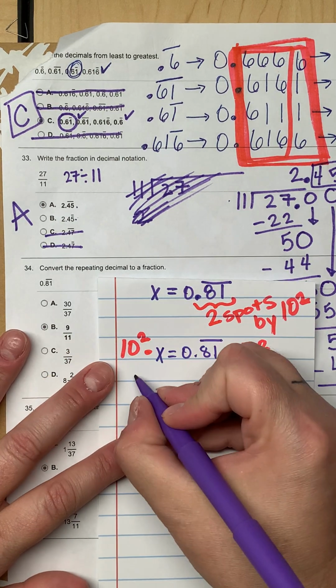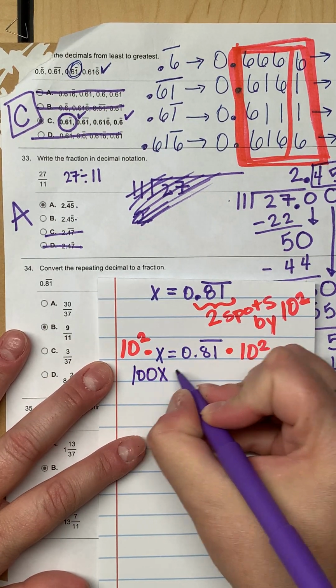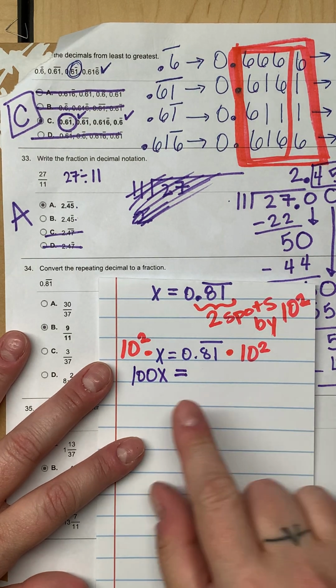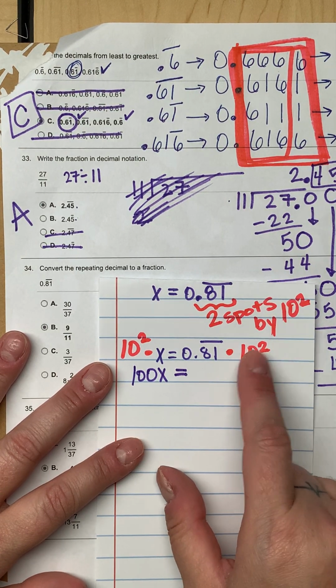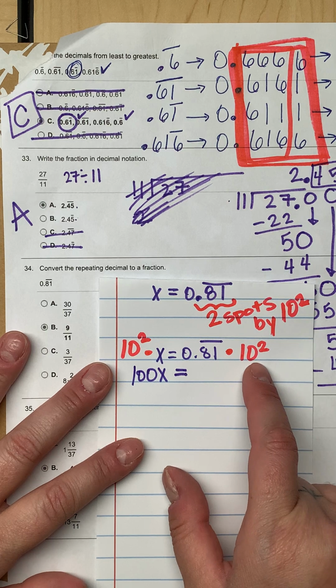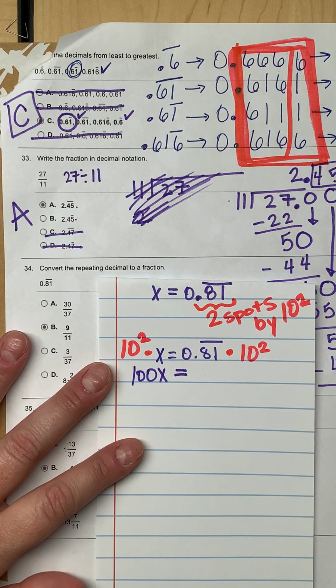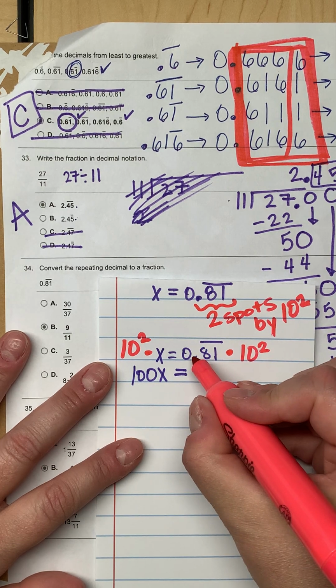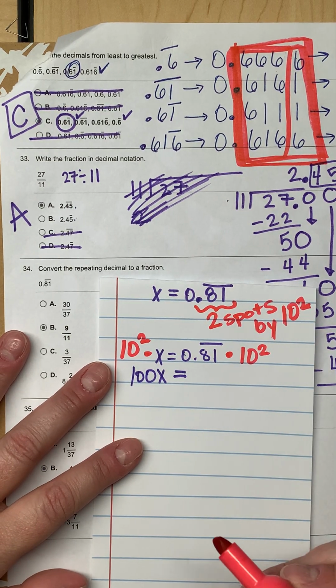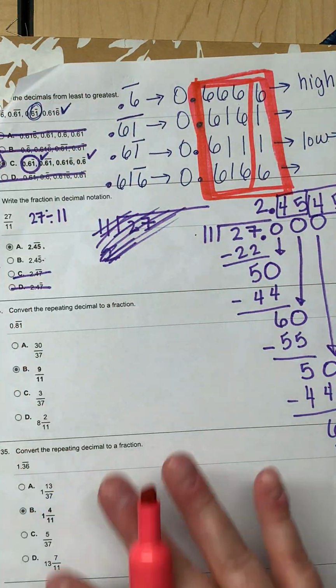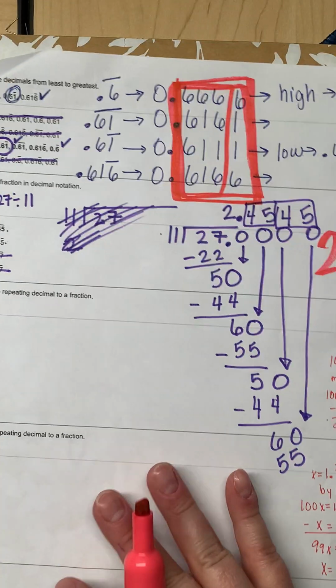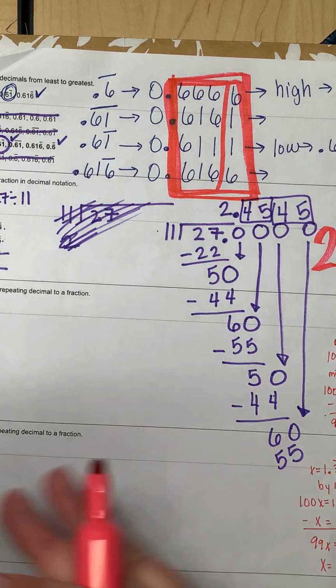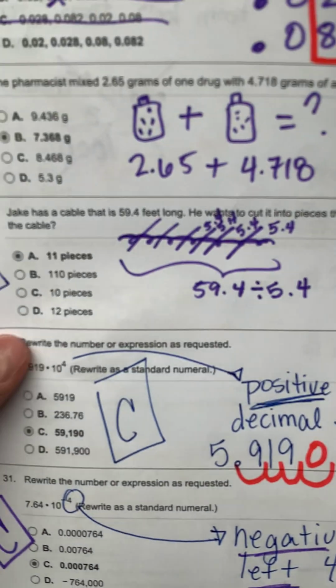It's 100. So this is 100x equals, when I take this and multiply it by 10 squared, something amazing happens. The decimal moves, like the decimal did on number 30.